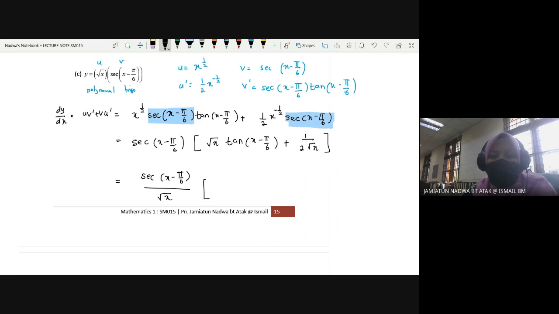Okay. So dekat sini kita akan dapat x tangent x minus pi over 6 plus 1 over 2. Okay, jawapan ini pun boleh, jawapan ini pun boleh. They are equivalent, they are the same. Ini cuma saya factorize square root x, maksudnya saya bawa keluar square root x.